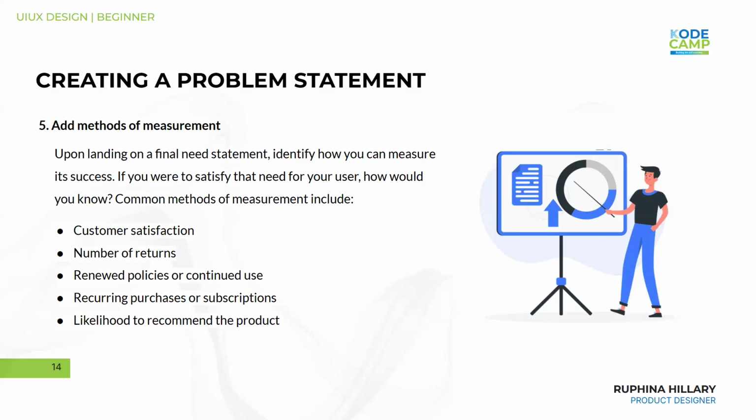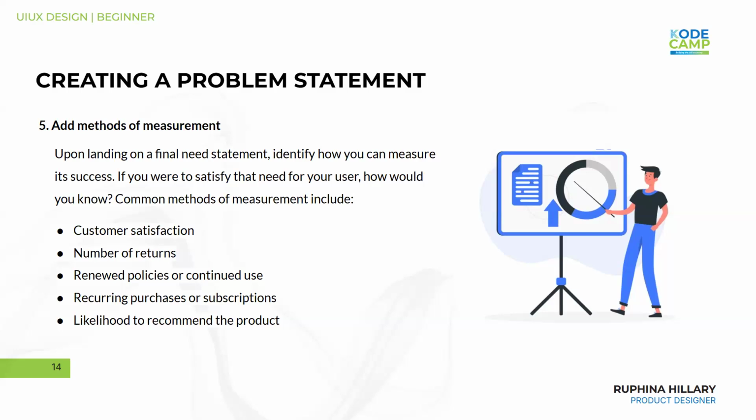How do you know if that need has been successfully achieved or satisfied? How will you measure this with users to know if your product is doing well or is not doing well? These are common measurements that we can apply to our design process.